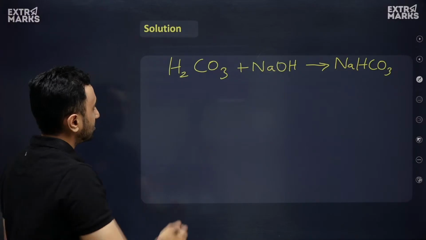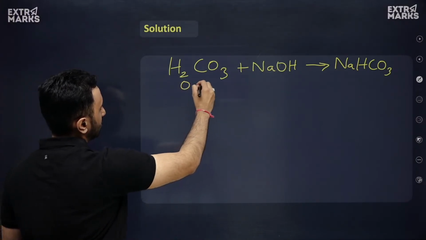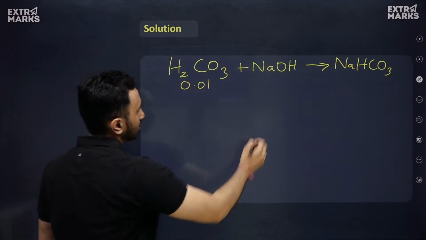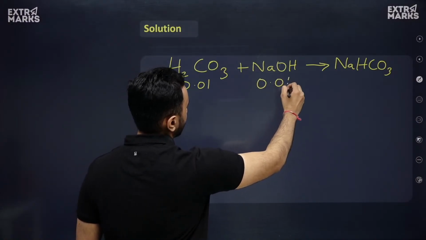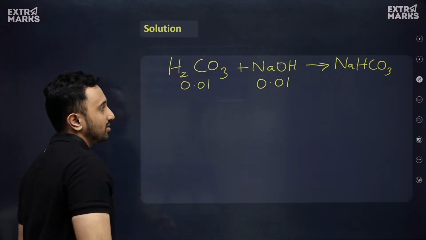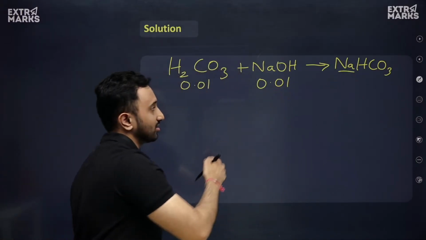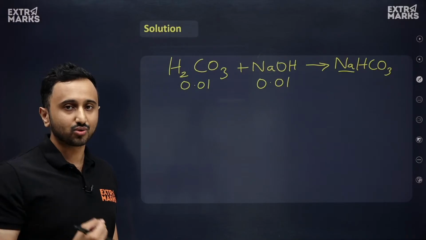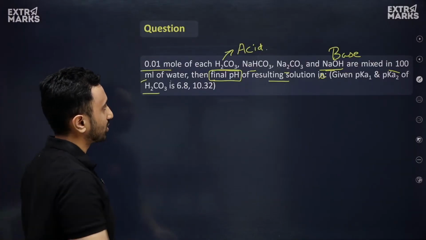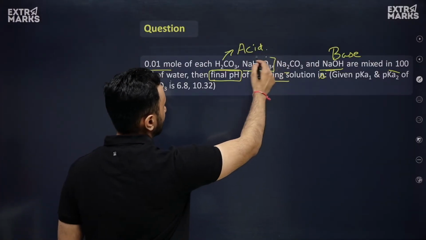Okay, let's see. So we have 0.01 moles of H2CO3. We also have 0.01 moles of NaOH. At the starting point, we do not have NaHCO3 from this reaction, but we still have NaHCO3, right? Here you can see we have taken NaHCO3 also.